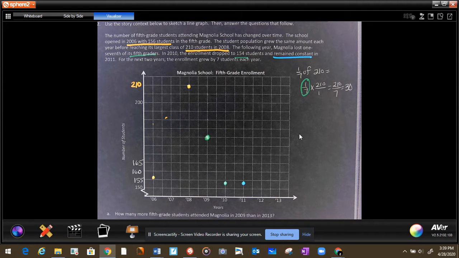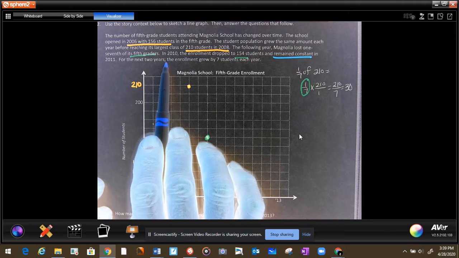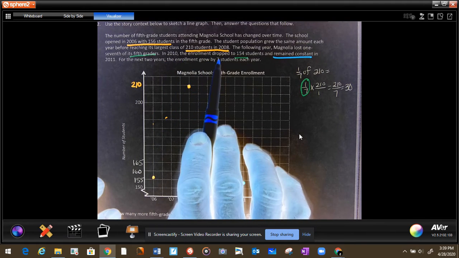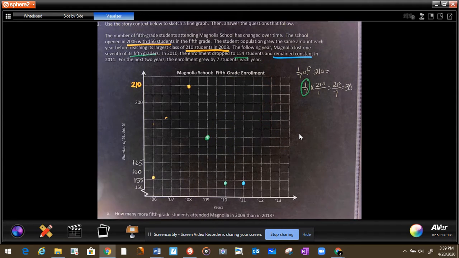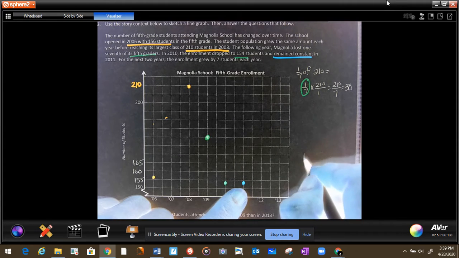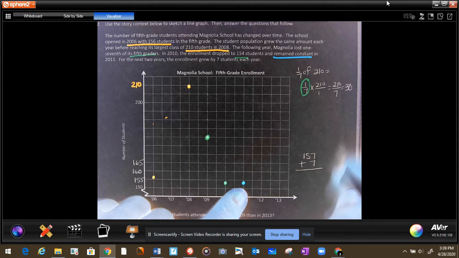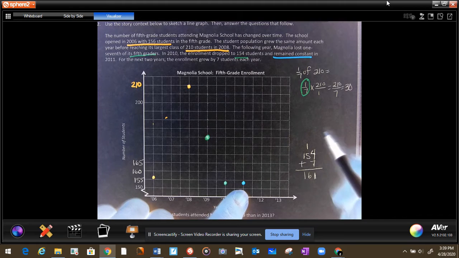Now what happens after that? For the next 2 years, the enrollment grew by 7 students each year. Okay, so now let's do the math. If we have 154 students right here, and for the next year it grew by 7, that will be 11, you carry 1 over, that's 161.